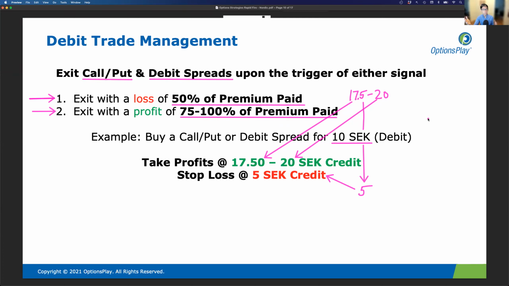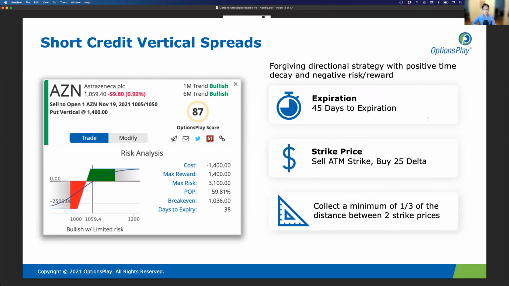Okay, so next, let's talk about short credit vertical spreads. A credit vertical spread is really taking advantage of something like a short put. But when you sell a put option, it requires a lot of margin and also has a fair amount of risk. Or if you were to sell a naked call option, same thing, it requires a lot of margin and has unlimited risk.